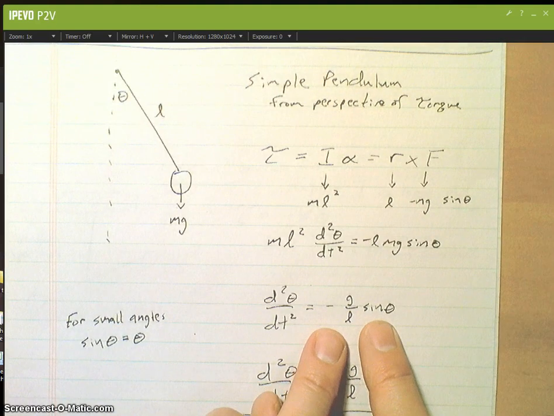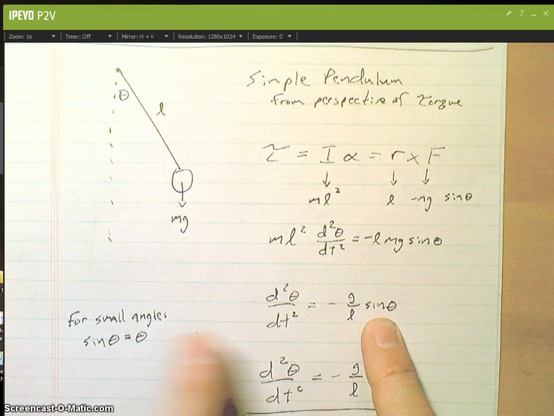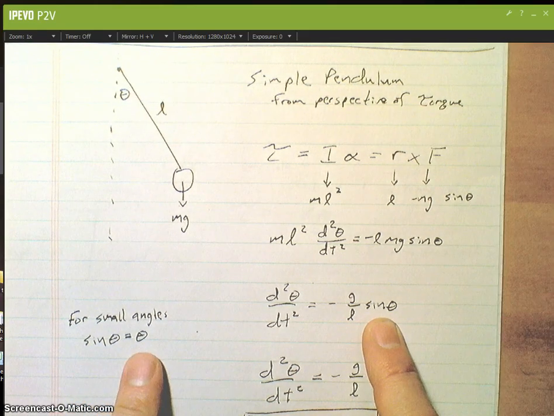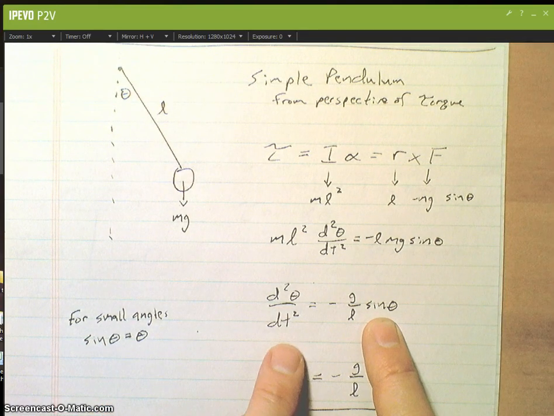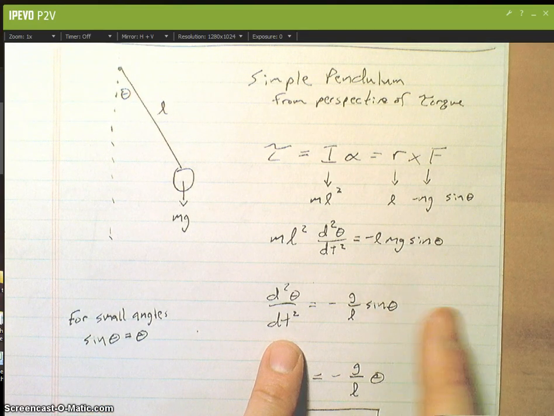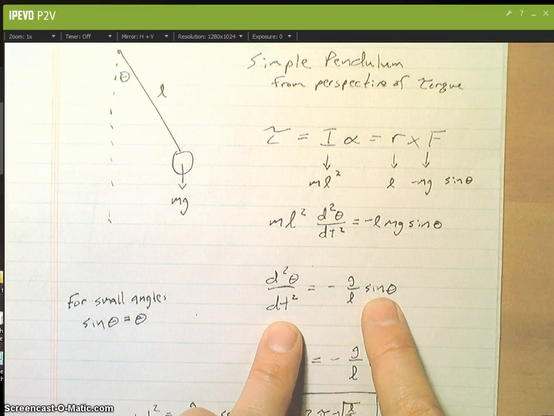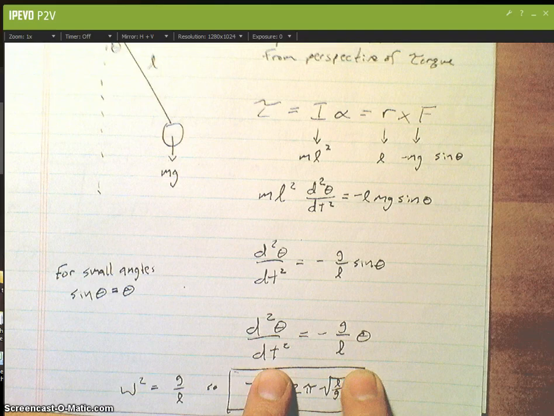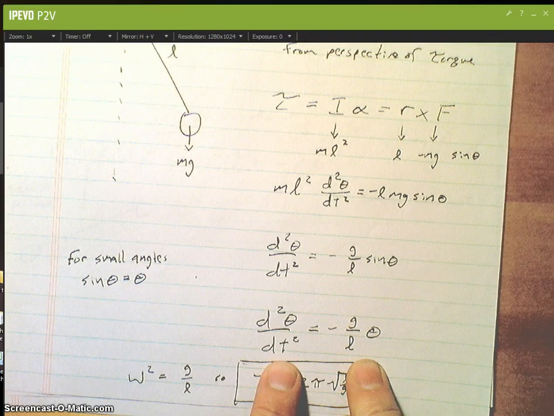Now here's where we're going to use a small angle approximation. For small angles, sine theta is equal to theta. Put it into your calculator, check it out, see that it's true. So only for small angles are we going to be able to move forward. Instead of having sine theta, we're just going to put theta. So there's our standard differential equation, just instead of x, it's in terms of theta.